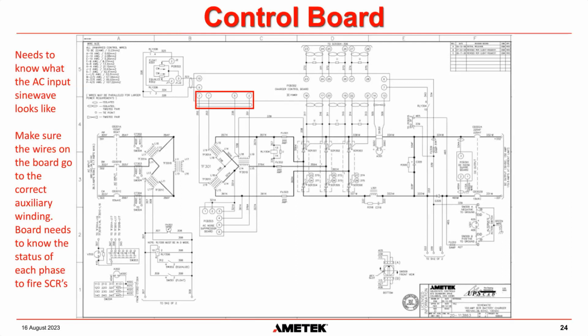So if somebody had replaced the control board, for example, and they had mixed those wires up between 1, 2, 3, and 5, then in mixing those cables up, what's actually happening is it's difficult to explain, but let me see if I can break it down a little.